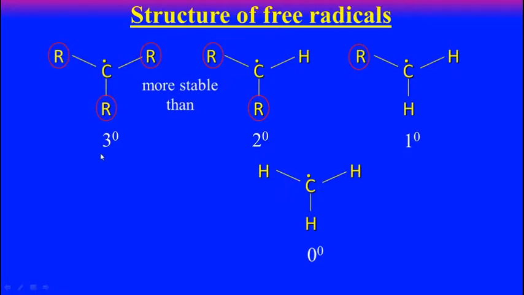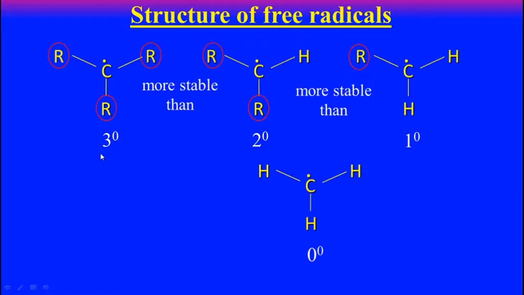But when we compare between 2 degree and 1 degree alkyl free radicals, we see that a 1 degree alkyl free radical contains only 1 alkyl group. That's why, when we compare between these, we can say that a 2 degree alkyl free radical is more stable than a 1 degree free radical, because in a 2 degree alkyl free radical the electron deficient carbon is more easily neutralized by the 2 alkyl groups than in a 1 degree alkyl free radical.